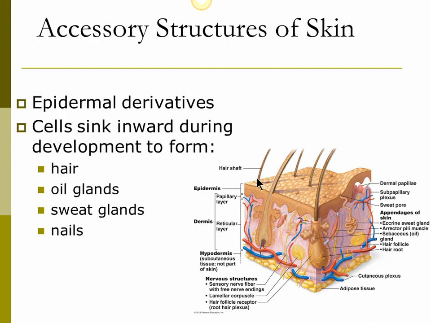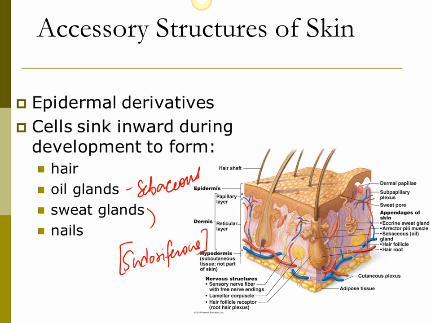There is hair, for example, then you have the oil glands, which are also known as sebaceous glands. Then we have sweat glands, which are also called sudoriferous glands. And then nails.